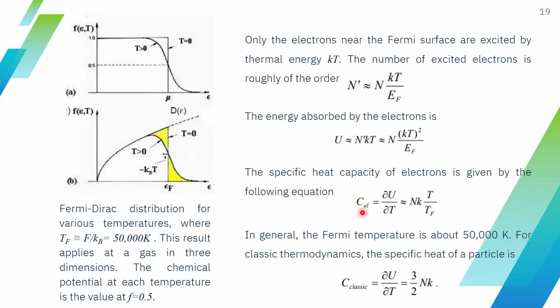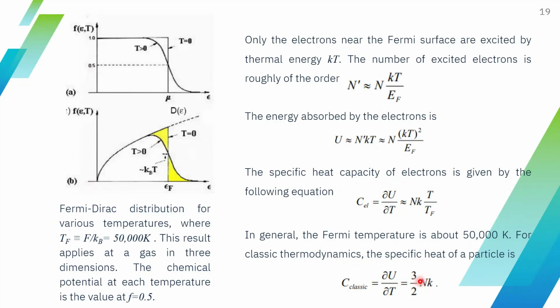Therefore the specific heat capacity of electrons is given by the following equation: C electron equals ∂U by ∂T, which is approximately equal to Nk into T by TF. In general, we know that the Fermi temperature is about 50,000 kelvins. For example, in classical thermodynamics, the specific heat of a particle is given by C classical equals ∂U by ∂T, which is 3 by 2 Nk.